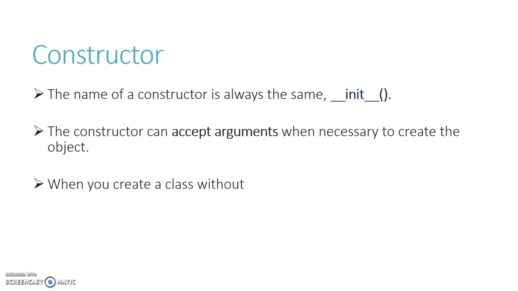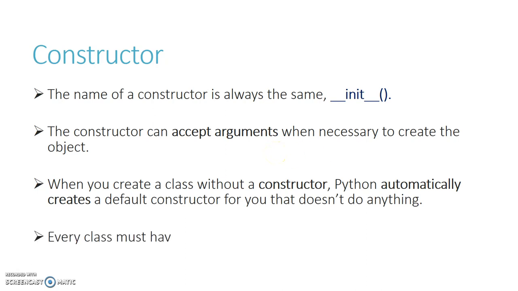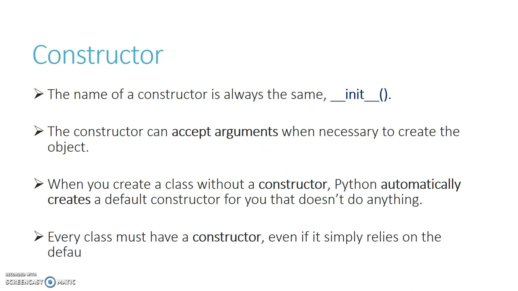When you create a class without a constructor, Python automatically creates a default constructor for you that doesn't do anything. Every class must have a constructor, even if it simply relies on the default constructor.